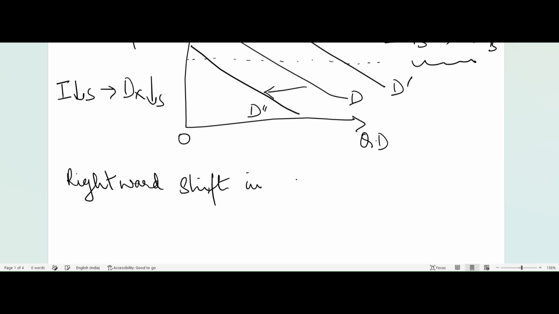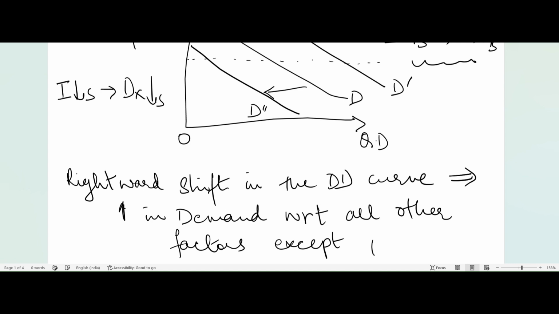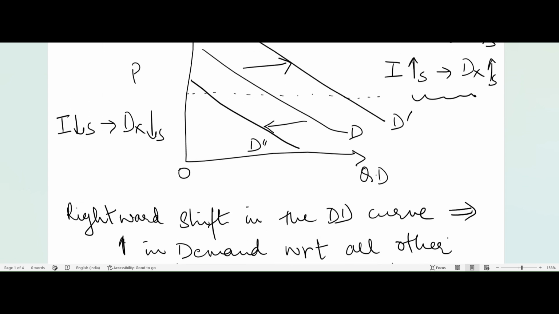So the bottom line being that a rightward shift in the demand curve means increase in the demand with respect to all other factors except price. So if, let's say, the taste and preferences for a particular good increase, then if I have to depict that increase in the demand, there would be a rightward shift in the demand curve.